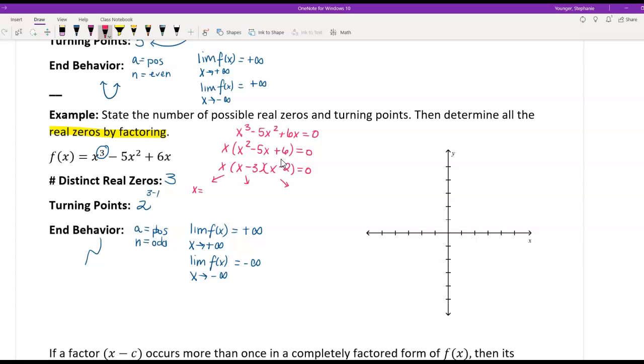So x equals 0, x minus 3 equals 0, and x minus 2 equals 0. When I solve these, x equals 0, x equals 3, and x equals 2. From our previous notes, we know that zeros are my x-intercepts. So I have x-intercepts at 0, at 3, and at 2.